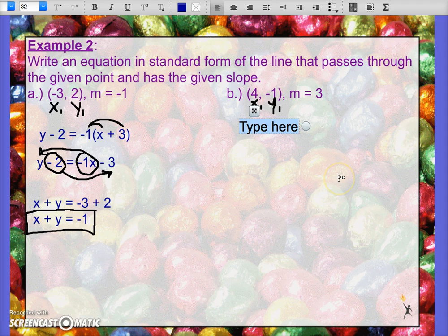All right, so hopefully you paused the video. y minus -1, or y plus 1, equals 3 times the quantity x minus 4. Once again, I'm going to distribute the 3: 3x minus 12. Now don't forget, I will highlight this.